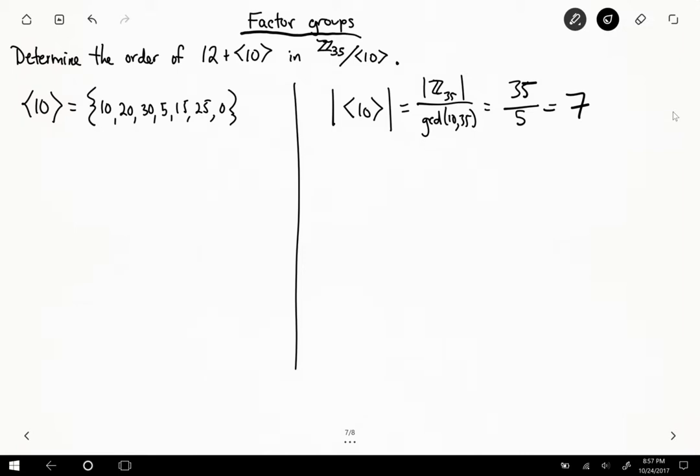So now we want to look at this 12 plus 10. There are actually other ways to write this, by the way, but we won't focus on that just yet. So if we keep on doing this, 12 plus this cyclic group generated by 10, let's add it with itself.